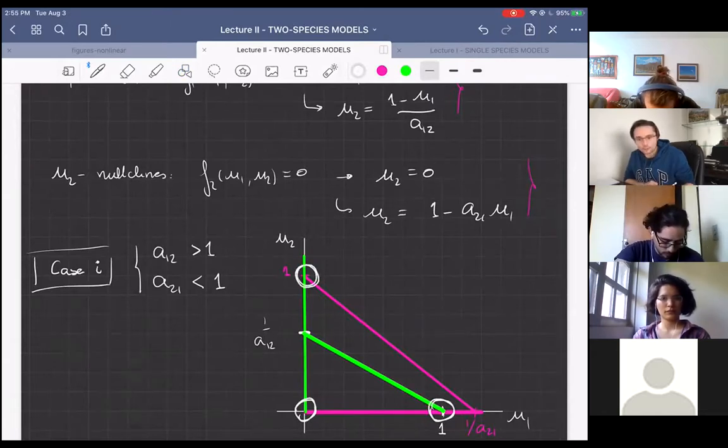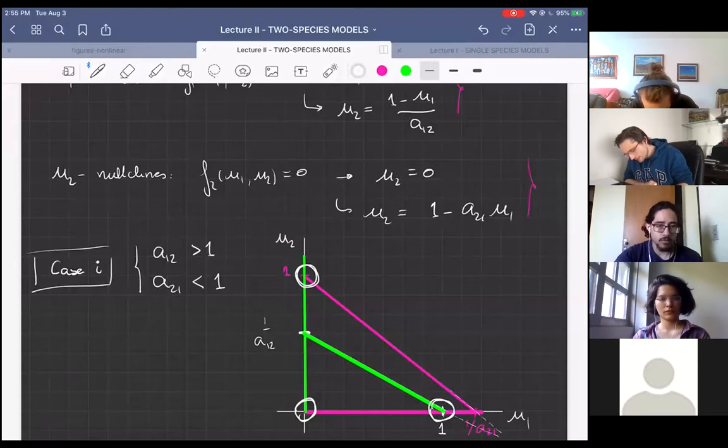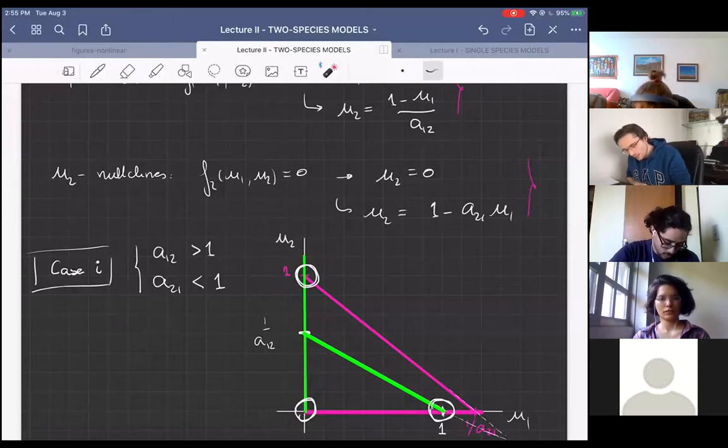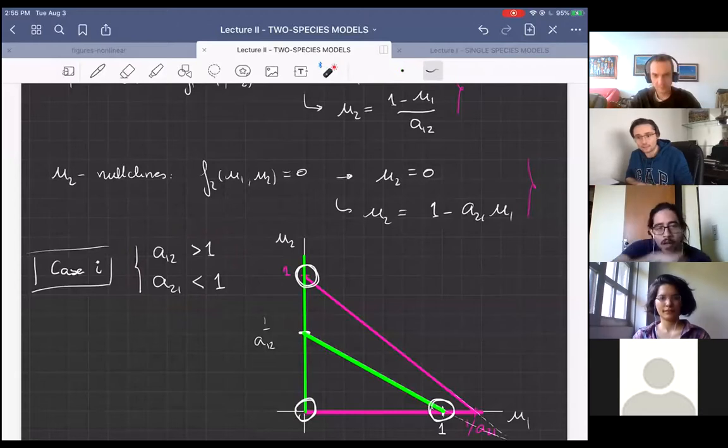So where is the fourth one? The fourth one would be if I project these nullclines to the fourth quadrant, which is not meaningful for us because it means that U2 is negative. So for these conditions, if A12 is bigger than 1 and A21 is smaller than 1, the fourth fixed point doesn't have biological meaning.